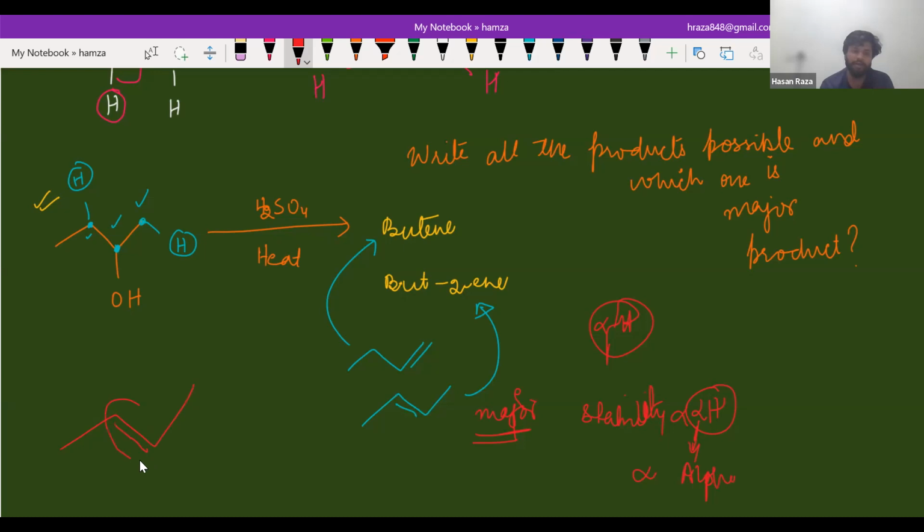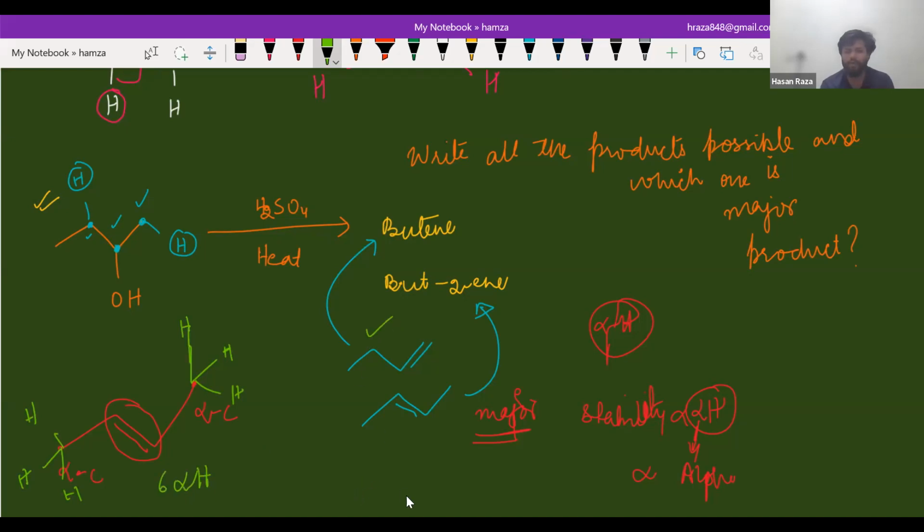With respect to this alkene, we have two alpha carbons. This is an alpha carbon and this is an alpha carbon. The hydrogens connected with an alpha carbon are called alpha hydrogens. So in this molecule you have two alpha carbons, and with those two alpha carbons we have a total of 6 alpha hydrogens.